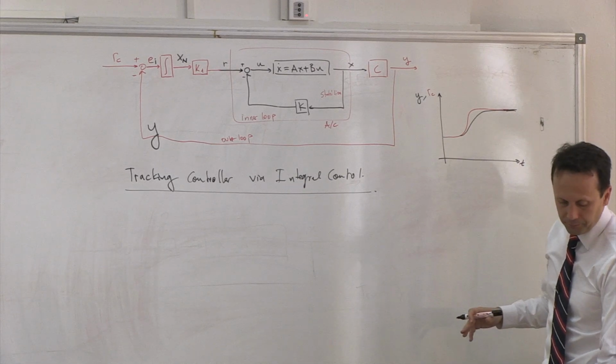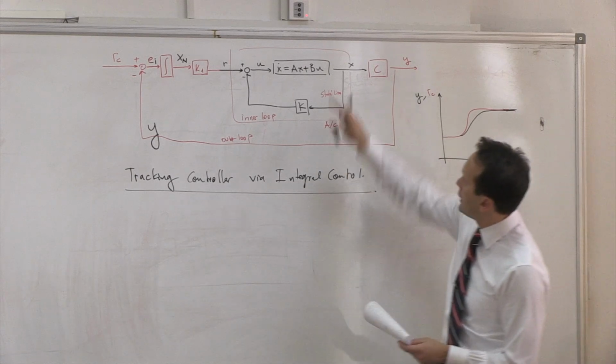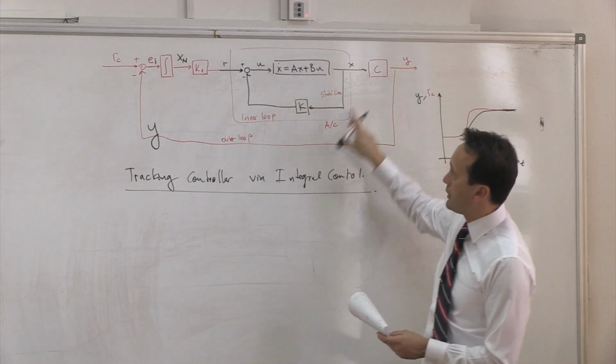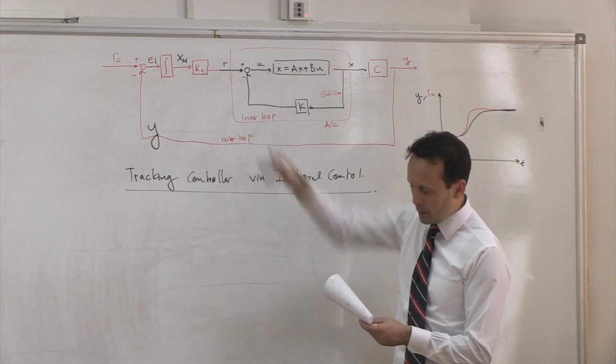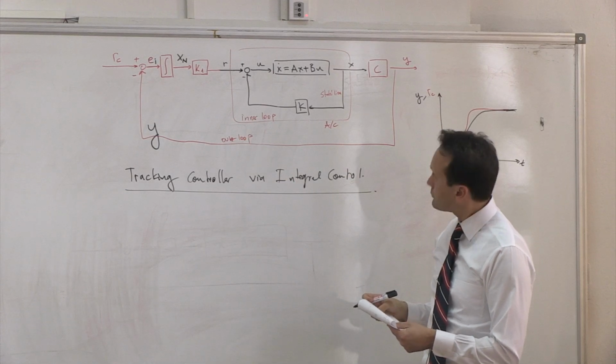All right, so the way I'm going to do this now, I'm going to write down the equations, and we'll move from there. This part we have already done. We know this part. This is what we have done in the previous weeks, and this part is now new. So let's just write down this new part.